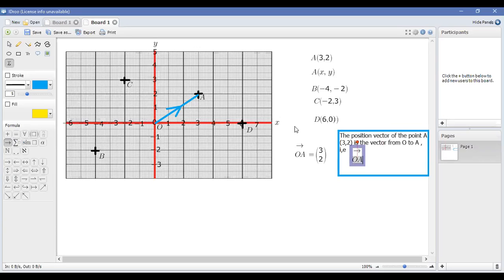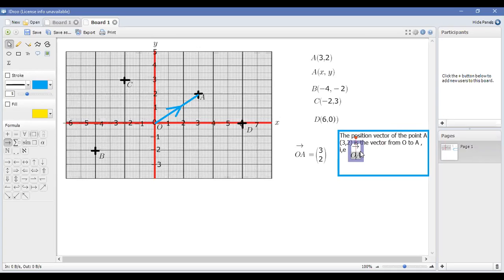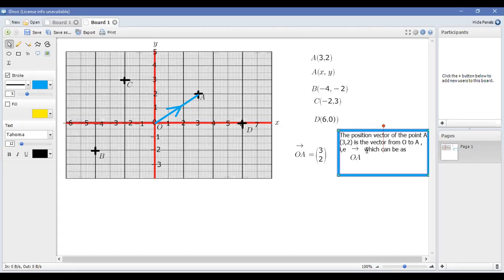All right. So we can pull this thing. All right. Which can be written as the column.